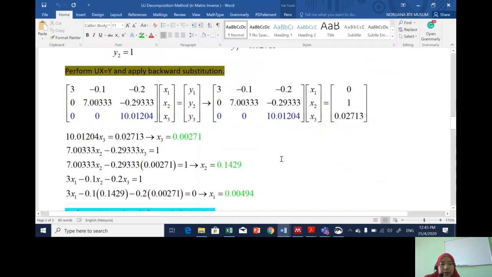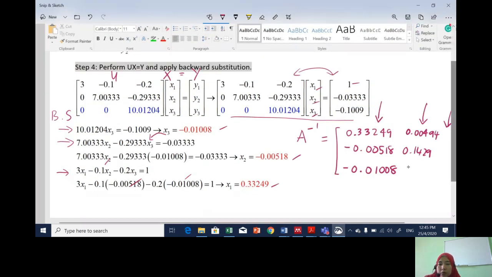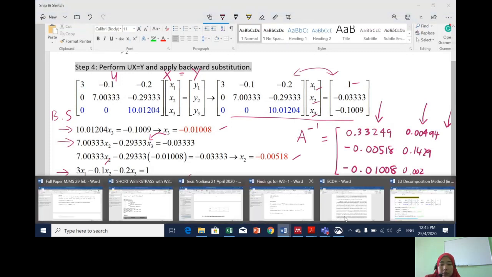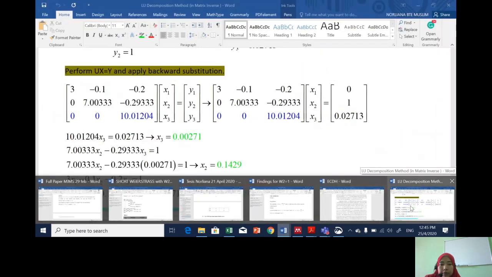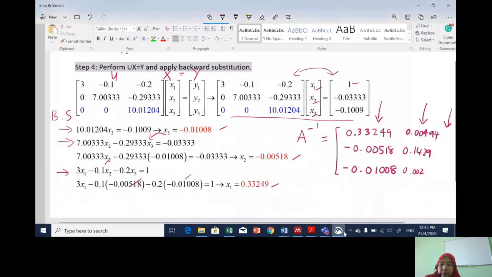Then x3, 0.00271. Okay, so we have the answer for the second column. Now we need to find out one more, the last column.